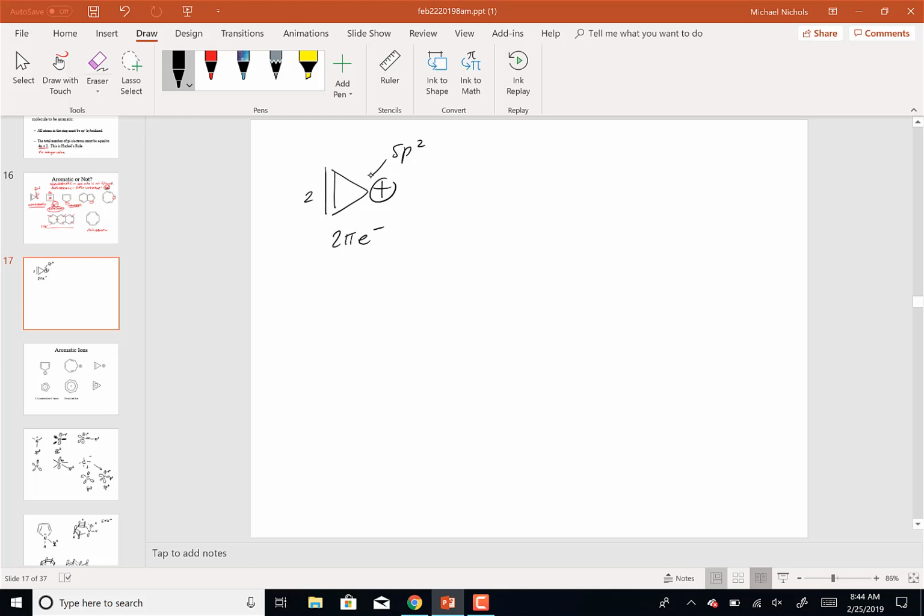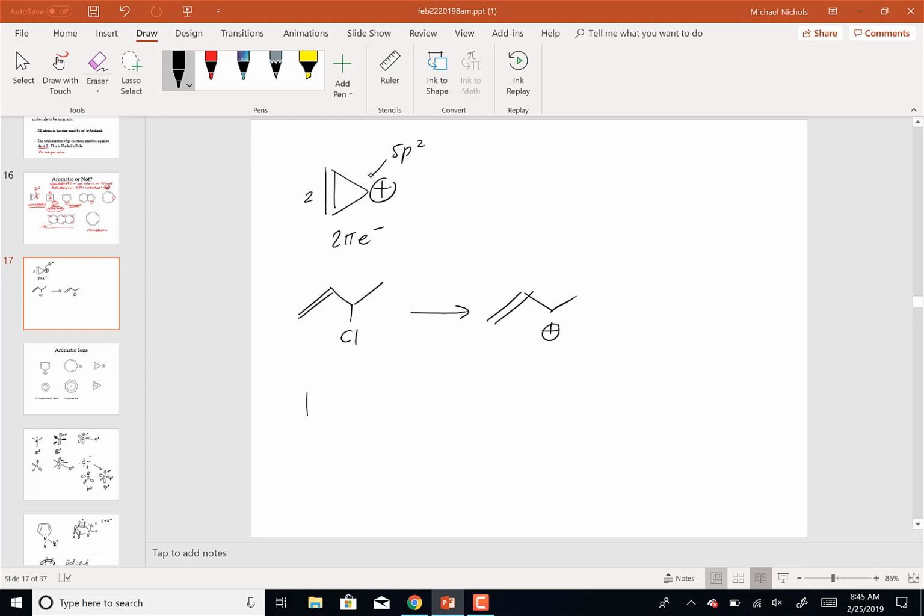And you might then say, oh, how do you know that? And then I go back and I remember a whole bunch of things, like Hammond's postulate, Arrhenius equation, and I say, I'm going to test this. So I get myself a secondary allylic chloride that can go ahead and form a secondary allylic carbocation.